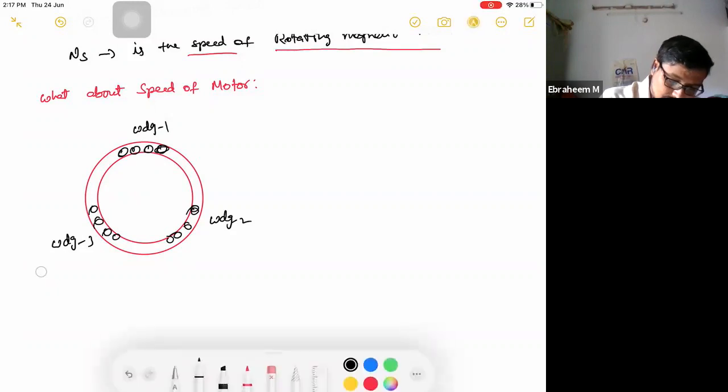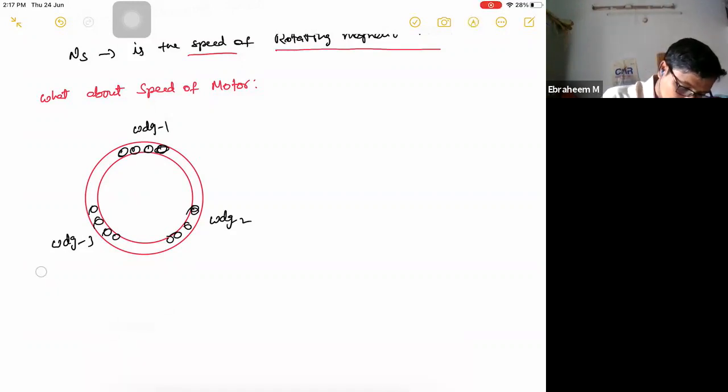The resultant flux produced by these three rotates at a speed of ns.